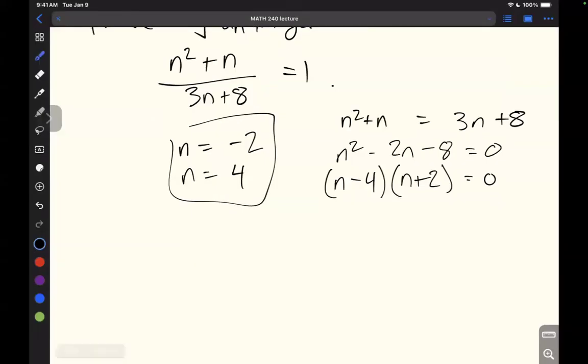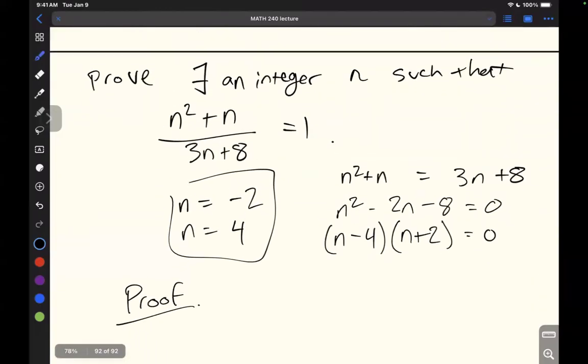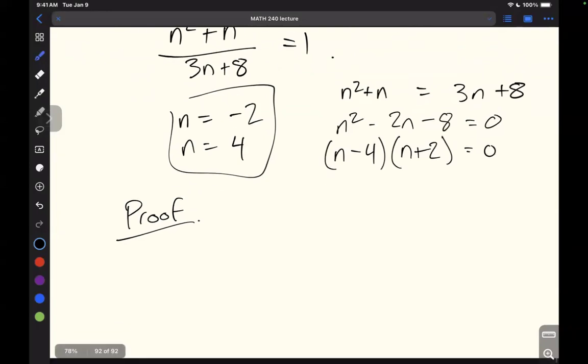Okay, so once I've got those two options, my proof for this statement, that there is an integer such that this equation equals 1, is just plug it in. This is an example where I've basically been asked to give me a number that satisfies this.